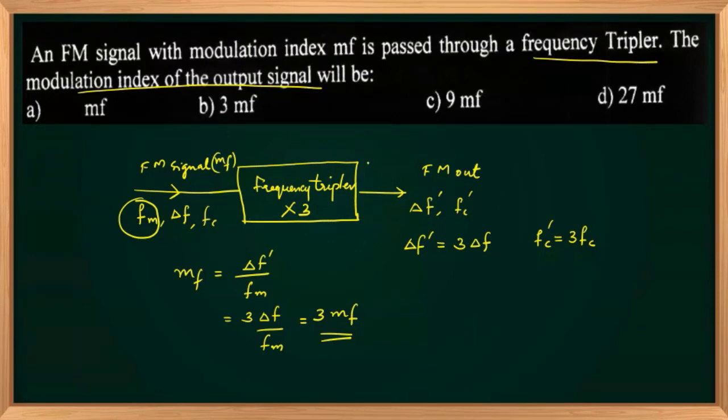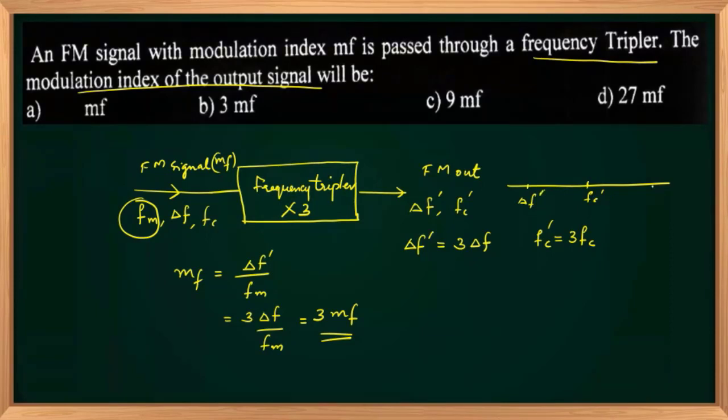A frequency tripler multiplies the frequency of the incoming signal by 3. A frequency doubler doubles the frequency of the input signal. It doubles the center frequency as well as the frequency deviation: FC dash and delta F dash.